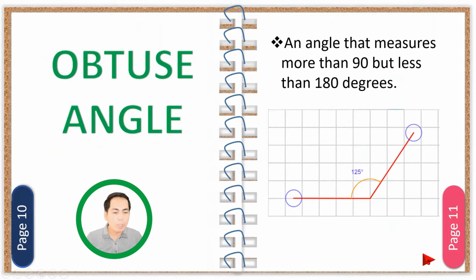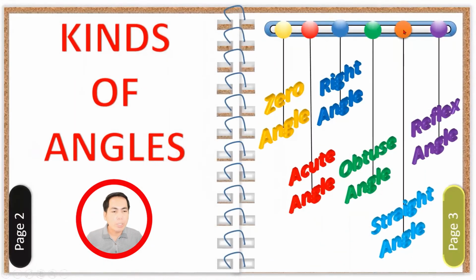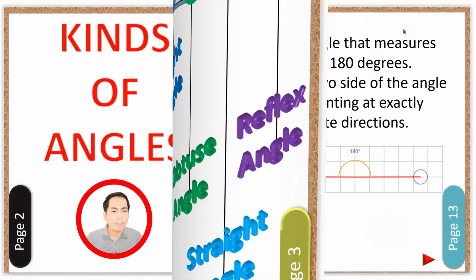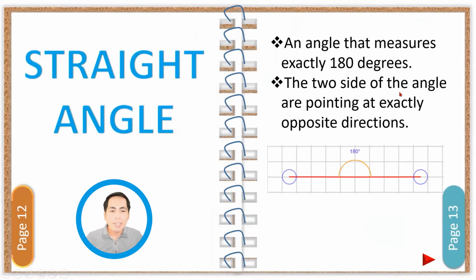Now next, let's proceed to the next one, which is a straight angle. A straight angle is an angle that measures exactly 180 degrees. When we have a straight angle, the two sides of the angle are pointing at exactly opposite directions.